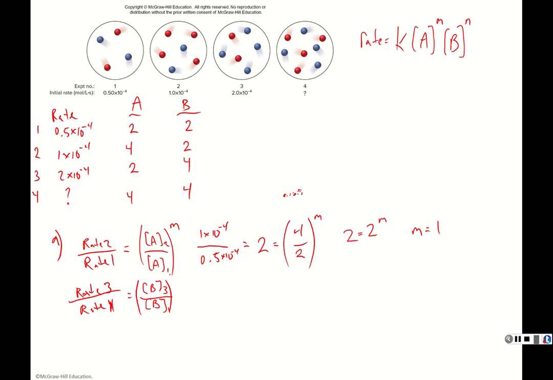For those rates, you have 2 times 10 to the minus 4 divided by 0.5 times 10 to the minus 4, equals the concentration of B in experiment 3, which is 4.